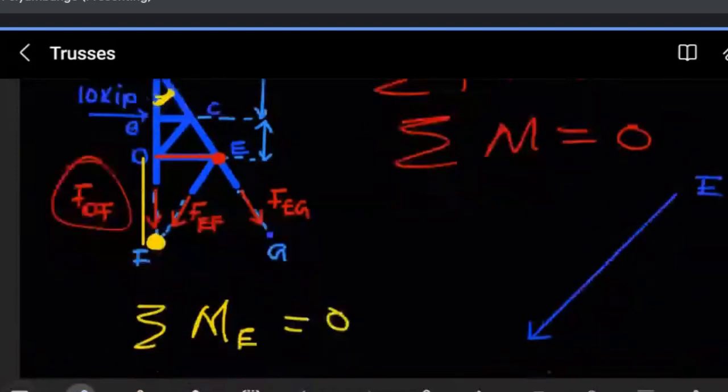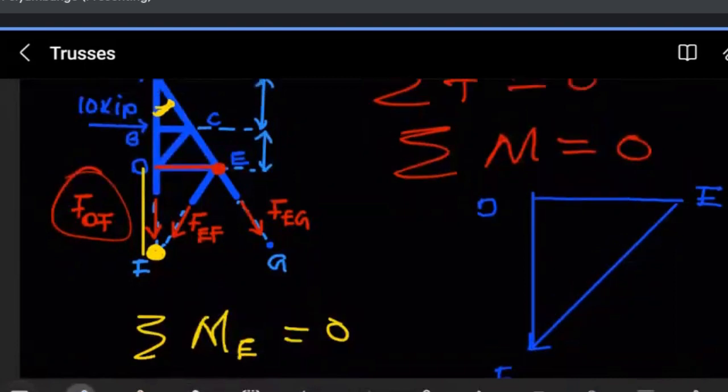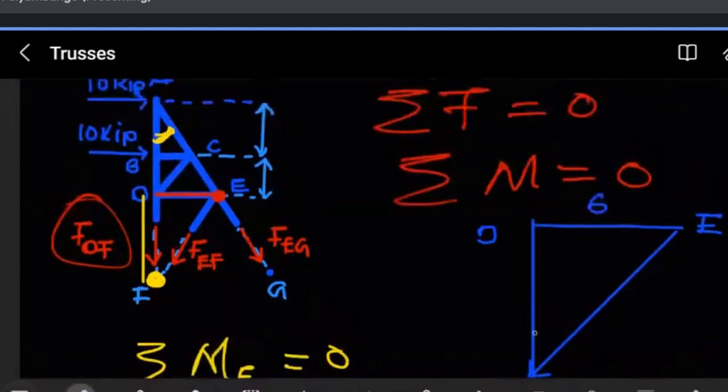Now I will just complete the triangle here so that you see what sides I will use there. So we'll take this part to be DF, and then we have this horizontal part, which is DE. Remember, we already found what DE was. DE was 6. And the vertical part, DF, we go back to the diagram.